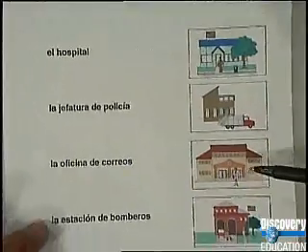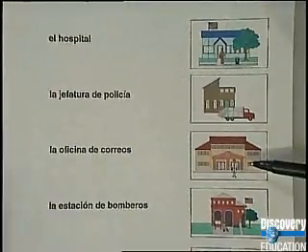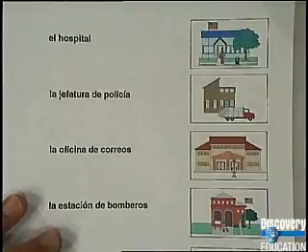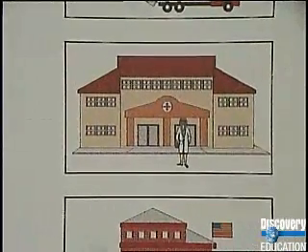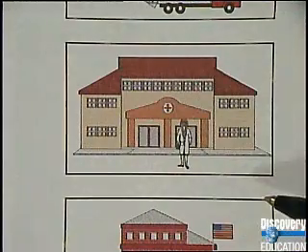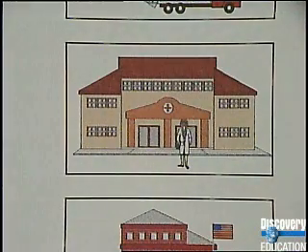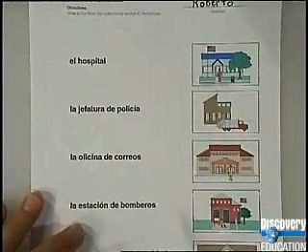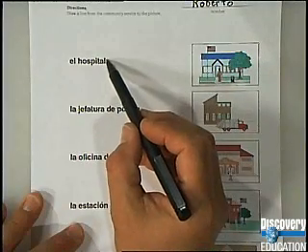No. ¿Es este el hospital? ¿Sí o no? Sí, es el hospital. Because you remember we talked about, here's the woman in her smock, it's got the cross up there. Okay, this is where people go when they're sick. Es el hospital.